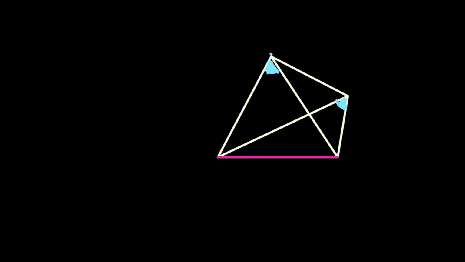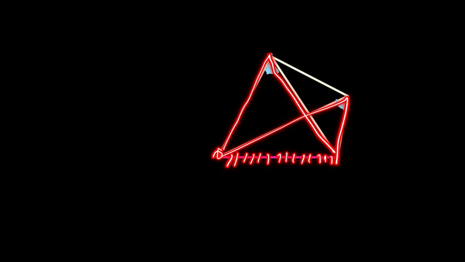Now I want to emphasize this fact because many students face a little bit of difficulty at this particular point. Two angles are standing on the same segment if the legs of the angles are on the same segment. So the leg of this angle and the leg of this angle coincide.